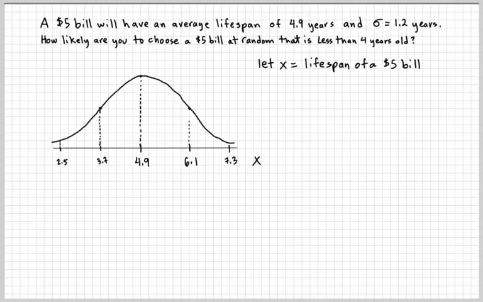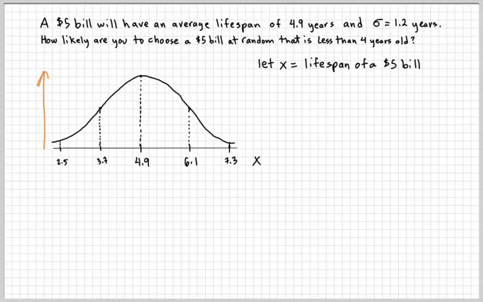And as you know, the normal is a bell-shaped curve. You can see that not many bills are over here. How do I know that? That there are not many bills at 7.3 years. Well, the height is kind of like a frequency. It kind of is.